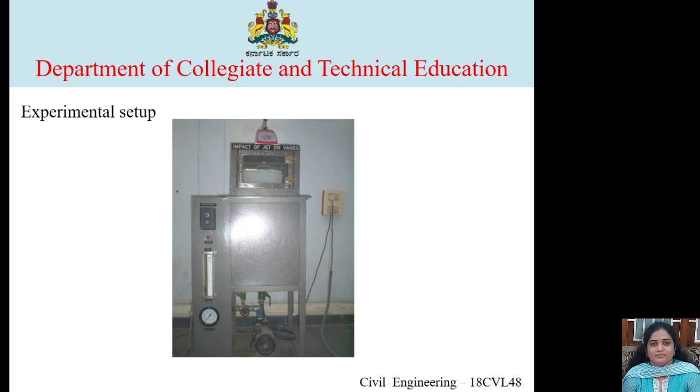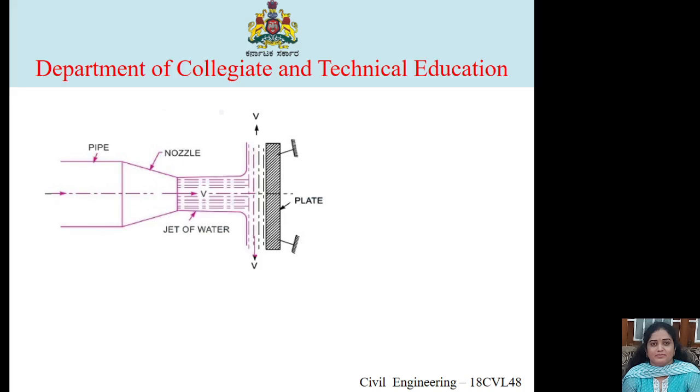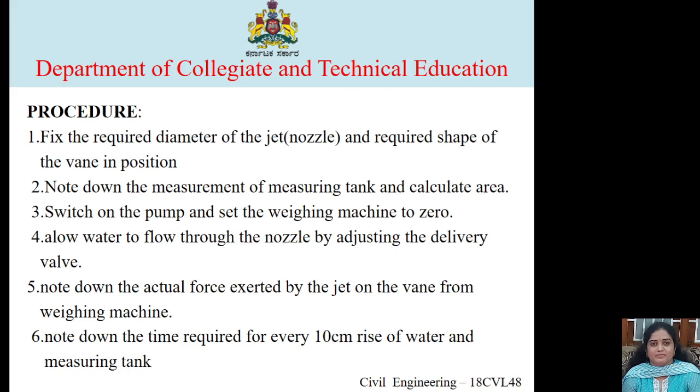Our experiment is on the flat vane or flat plate, so we are discussing only the flat plate here. Note down the measurements of the measuring tank and calculate the area. This is fixed for all other experiments. Switch on the pump and set the weighing machine to 0. That has to be 0 because in that you are going to take the value of FA.